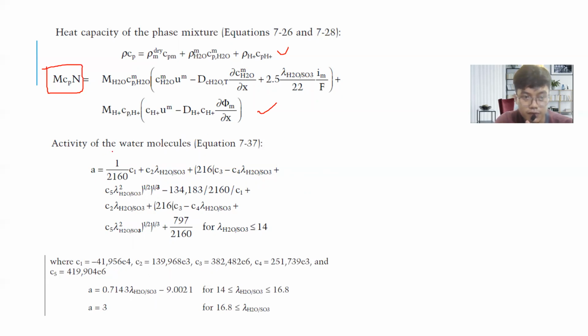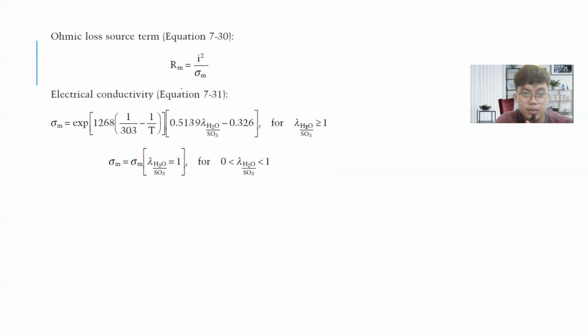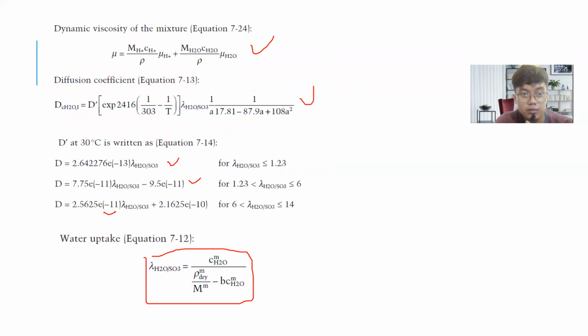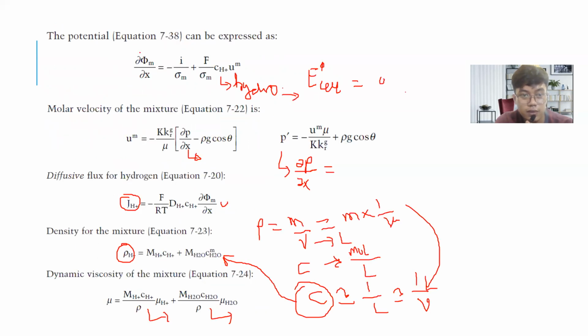The next one is the activity of the water molecule, a, with the formula as below. For the constants C1, C2, C3, and the others, they are also known in these chapters. The next one, we have to calculate the electrical conductivity, sigma m. Sigma m is needed to calculate the potential. For the potential equation, we need to calculate sigma m.